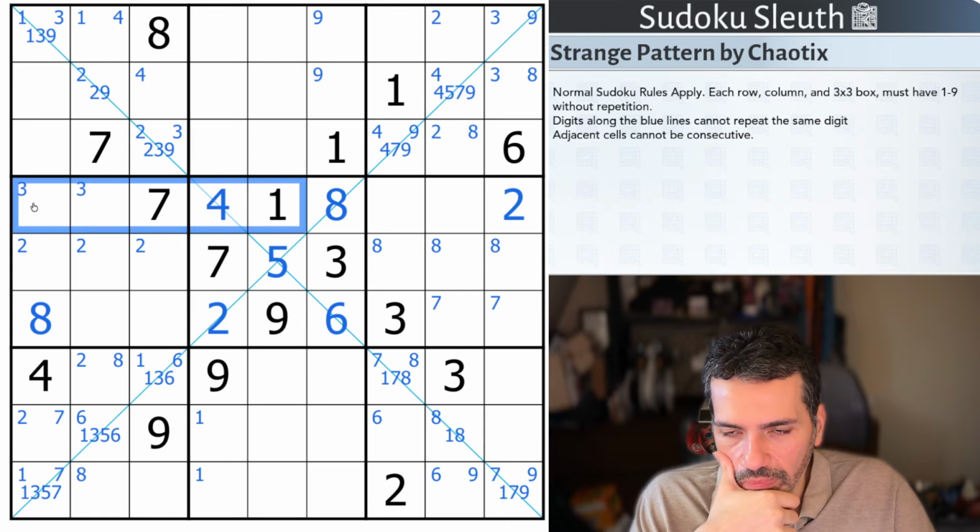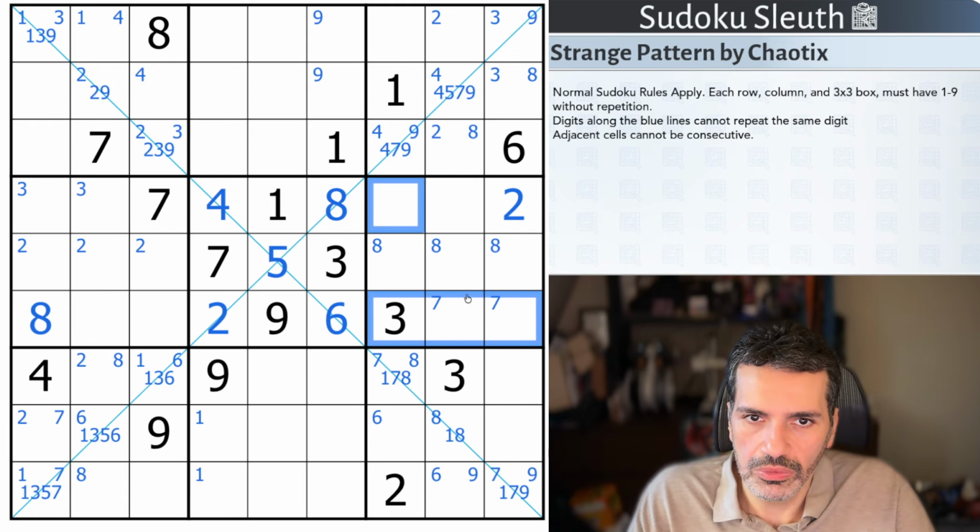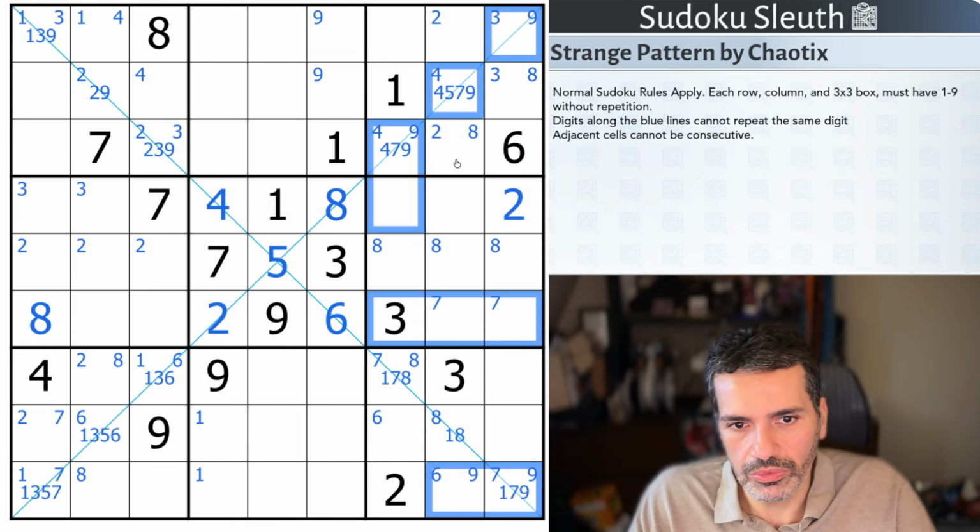Where's 1? So we know no 9s. No 9. 9 is in one of 2 cells. 9 is in one of 3 cells.